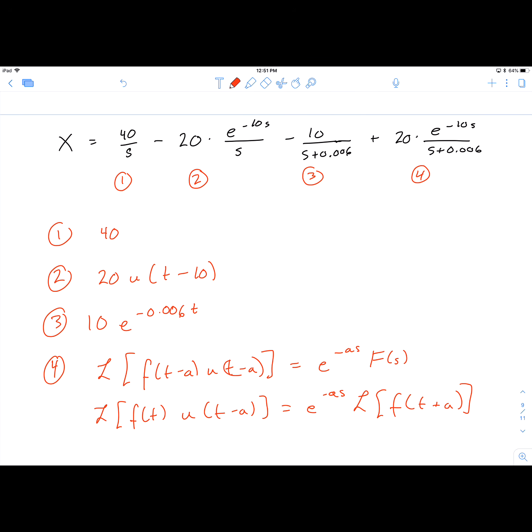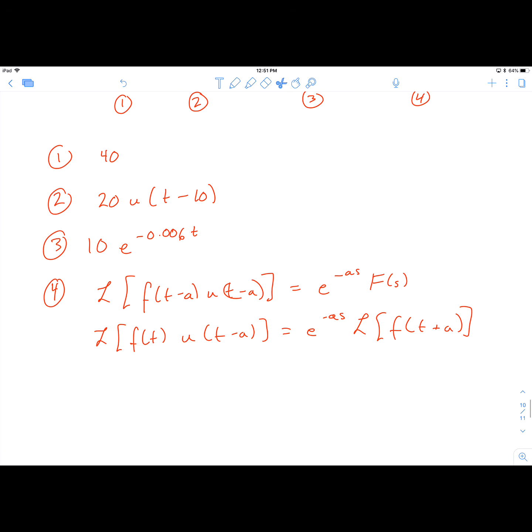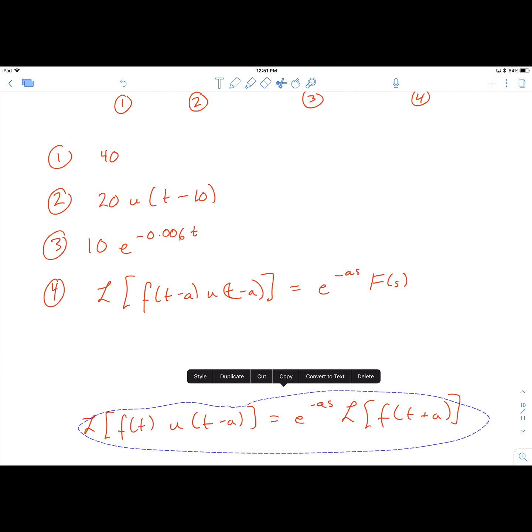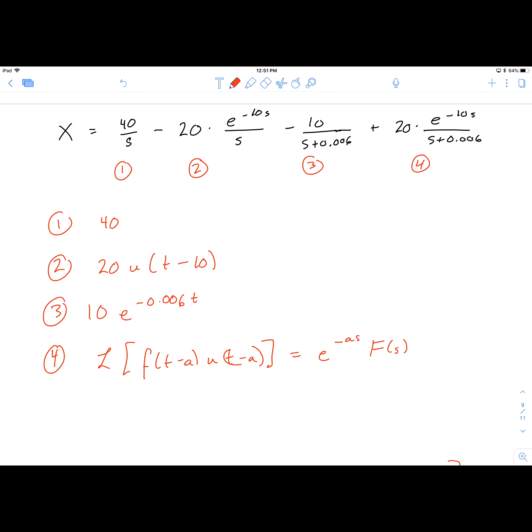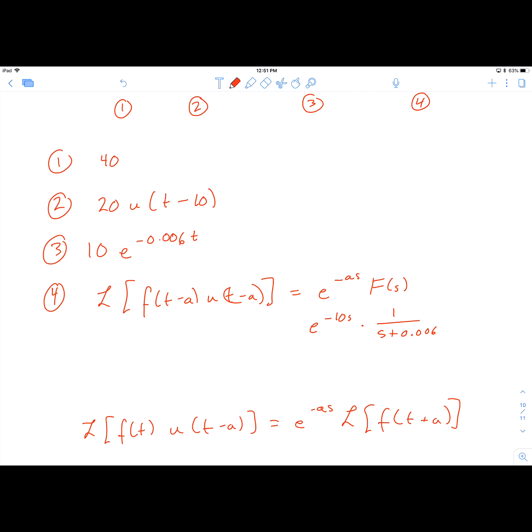If we can, then a would be 10, and then the remaining F of s, here we have e to the negative 10s times 1 over s plus 0.006. A would be 10. Capital F of s is this here. So that means f of t would be e to the negative 0.006t. So it looks like it'll work.